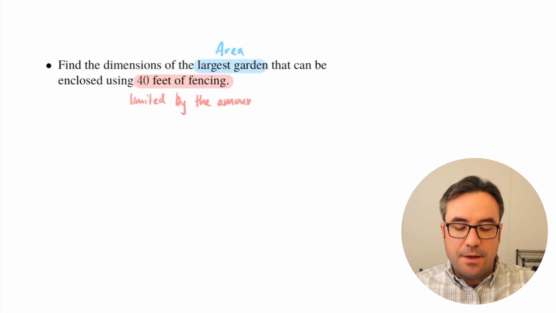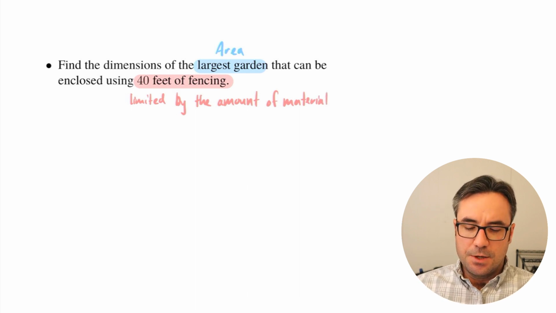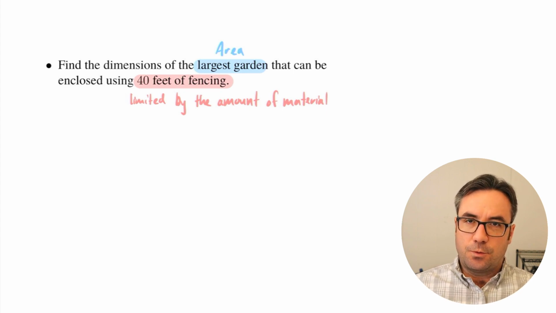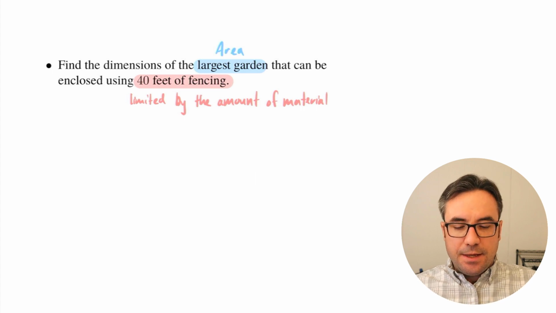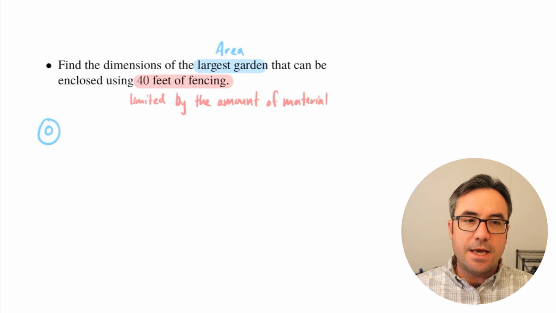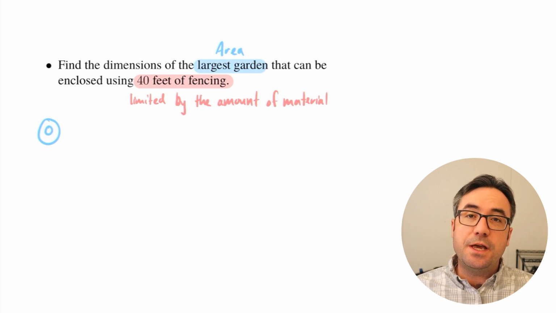So we're limited by the amount of material here. Okay. So to start answering this question, step 0 is we need to figure out what the objective and constraint equations are.